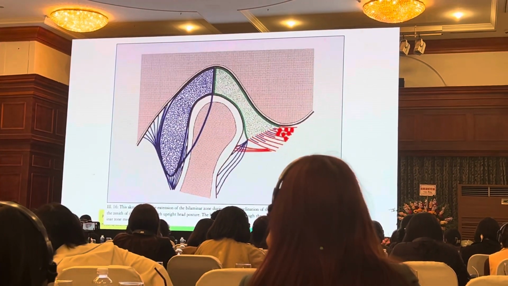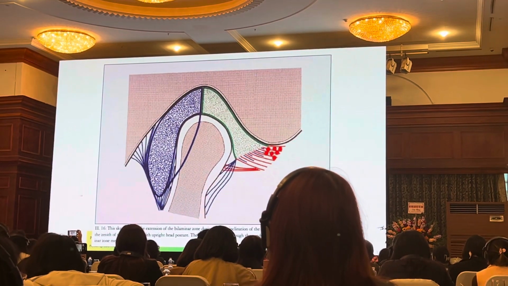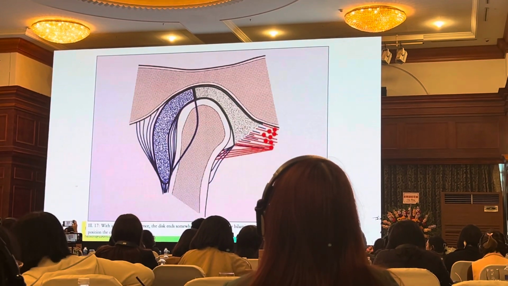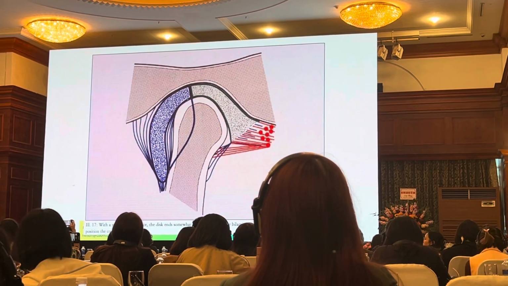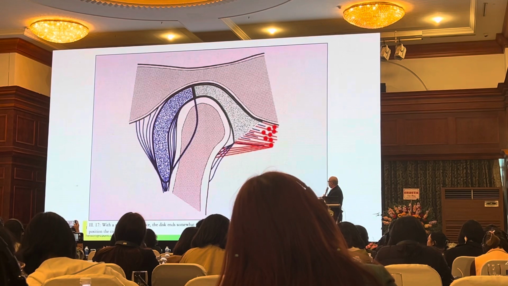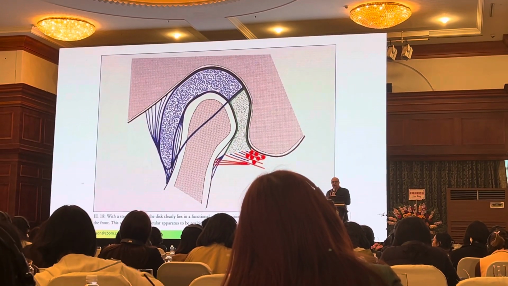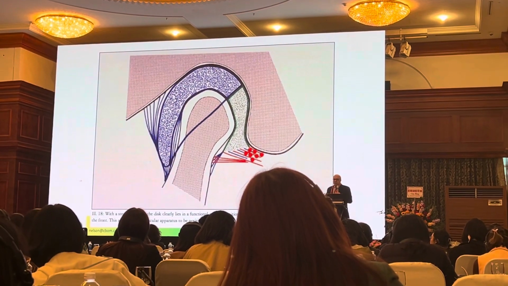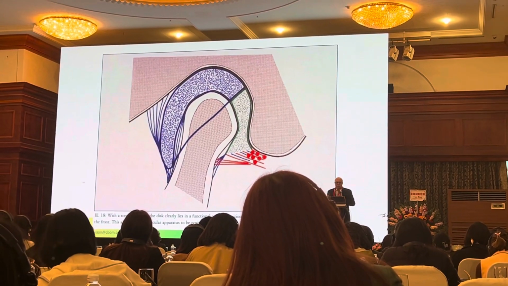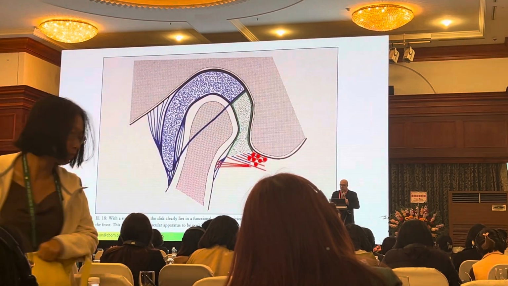The disc is usually at 12 o'clock with the bilaminar zone, so 12 o'clock is good. In certain cases, the disc can be at 11, a little bit more on top. In certain situations, the disc is displaced more anterior, like this. So depending on the morphology of the eminence, different positions of the disc.